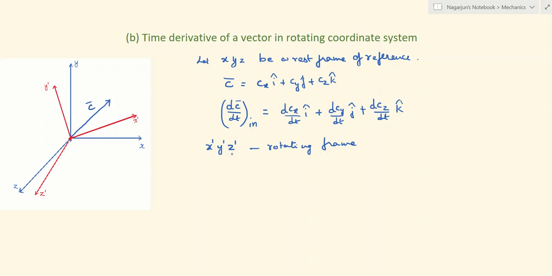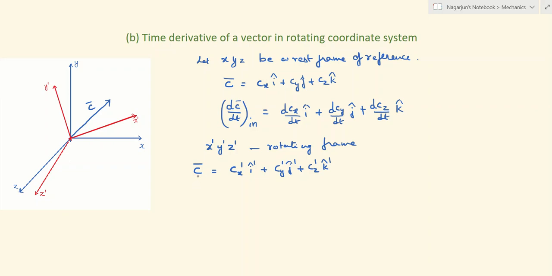With respect to this non-inertial frame of reference, the same vector c bar can be expressed as Cx dash i cap dash plus Cy dash j cap dash plus Cz dash k cap dash, where i cap dash, j cap dash, k cap dash are the base vectors in this rotating frame of reference.